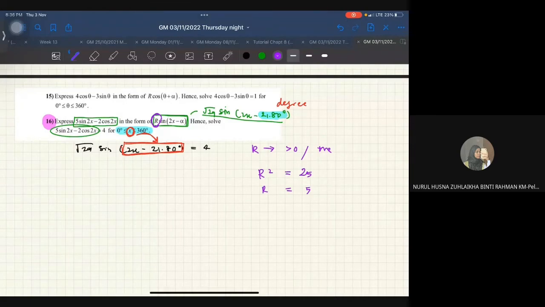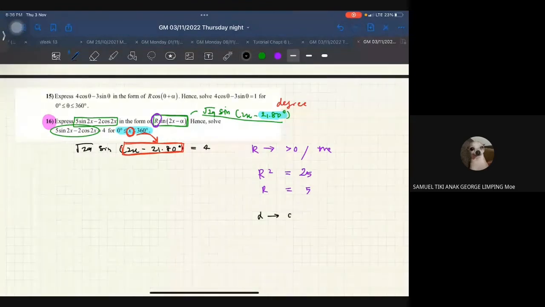Okay, so that is for R. Okay, what about the alpha value? Kalau value untuk alpha pula, apa syarat dia? Less than 90 degree. Betul. So dia mestilah acute angle. So dia mestilah satu angle yang comel. Acute angle.